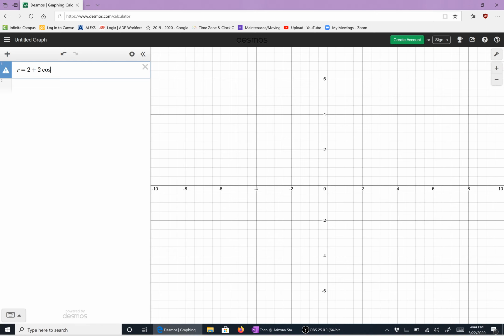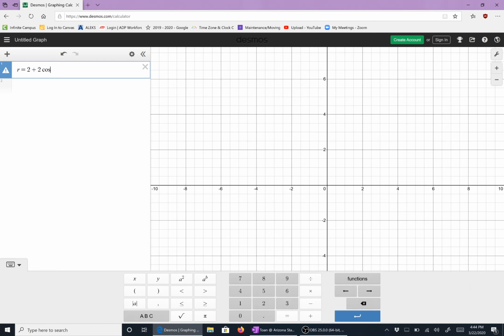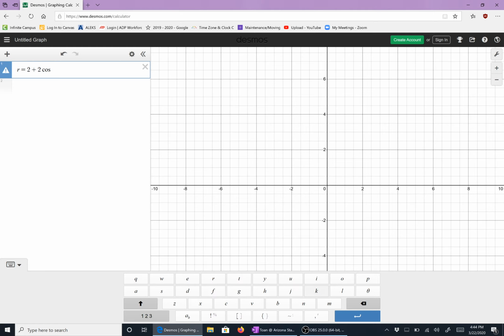Now in Desmos, the theta is in their built-in keypad. Go to the bottom left corner and hit the ABC, and you should see theta as one of the keys there. And there you go. You can see why mathematicians call this a cardioid, because it sort of looks like a sideways heart.